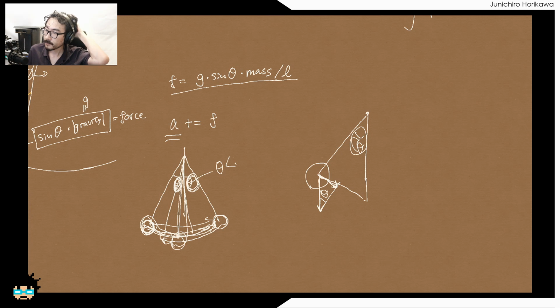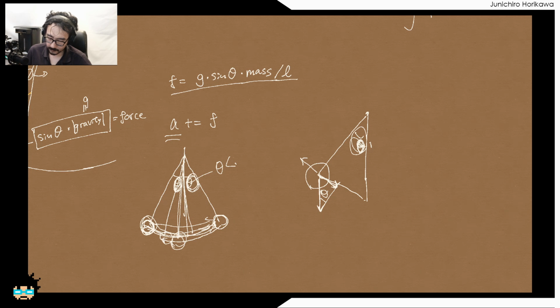Now, the thing is that depending on the value of this theta, if this is negative, then the sine value will also be negative, I think. In this case, it's going that way.